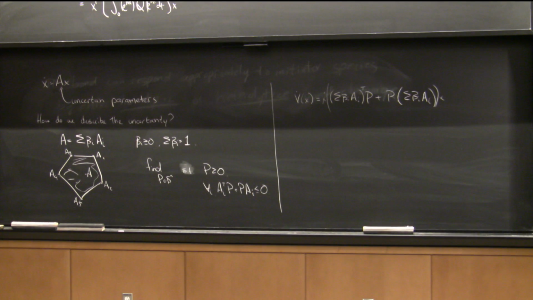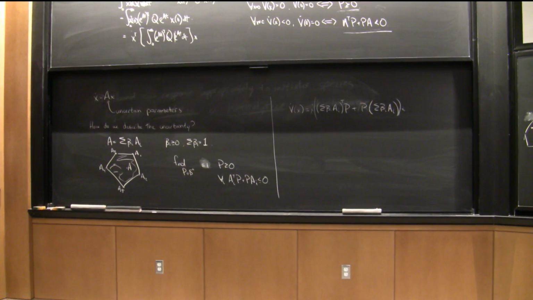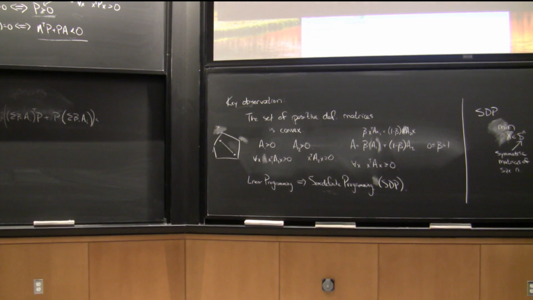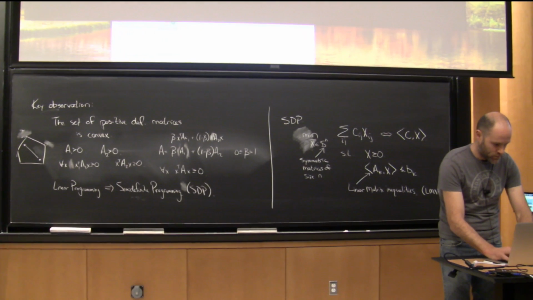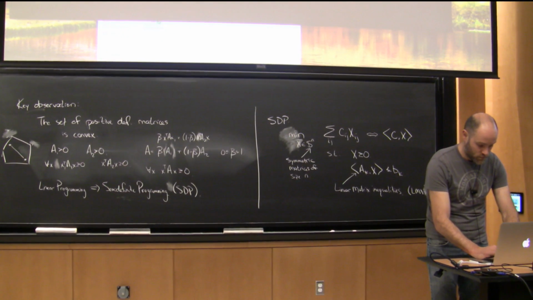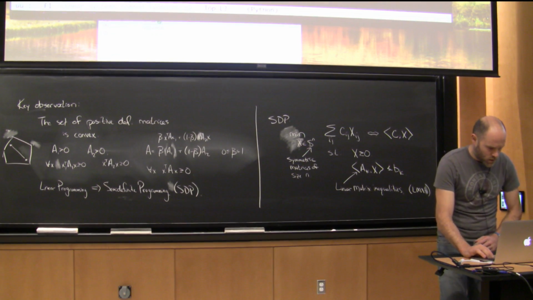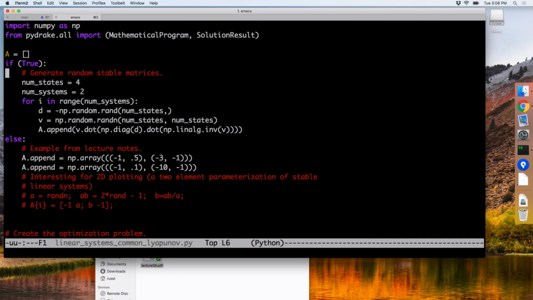Now, it's not very graphical, but I did work hard on it, so I'm going to show you. Maybe what's cool about it is how simple the code is. First I generate a handful of random stable matrices.